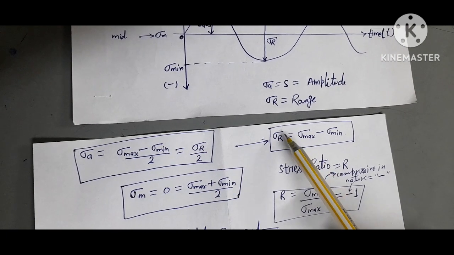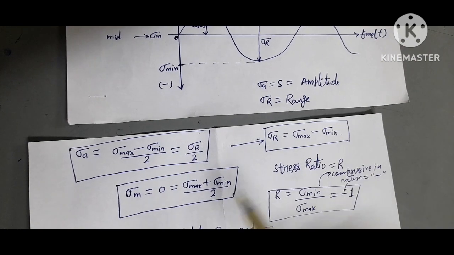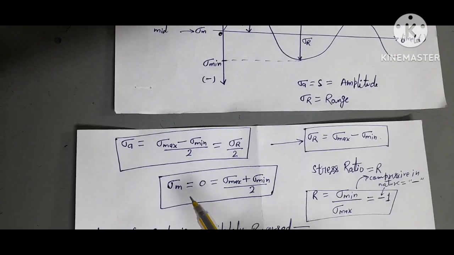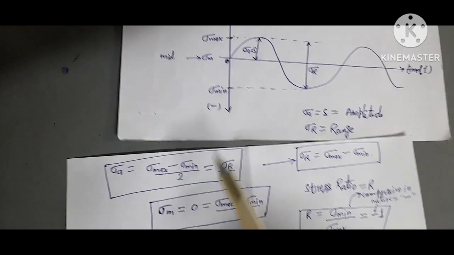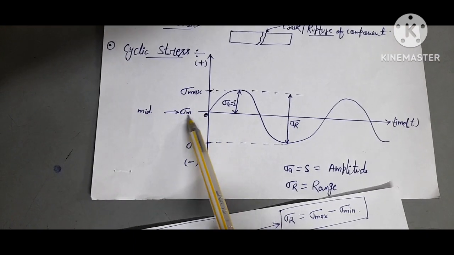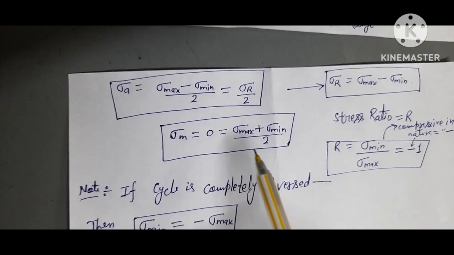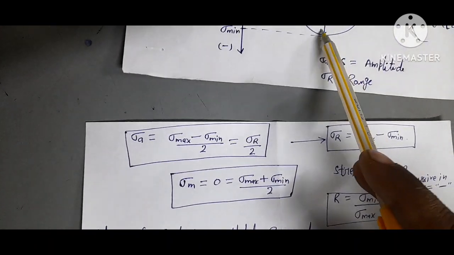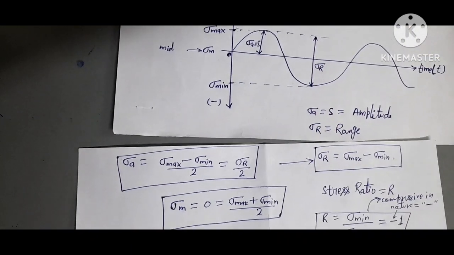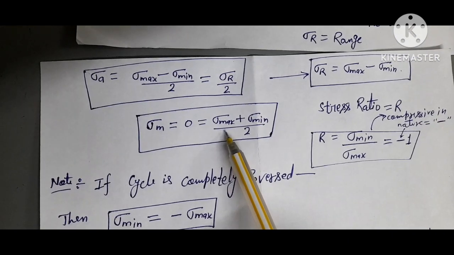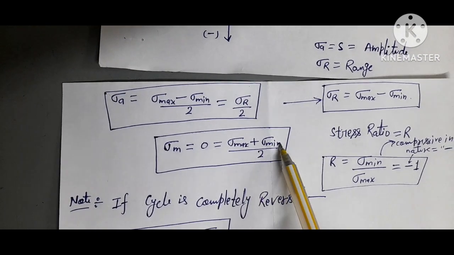The stress range sigma r equals sigma max minus sigma min, and the mean stress sigma m equals what? 0 for complete cyclic loading, or it will be sigma max plus sigma min divided by 2.